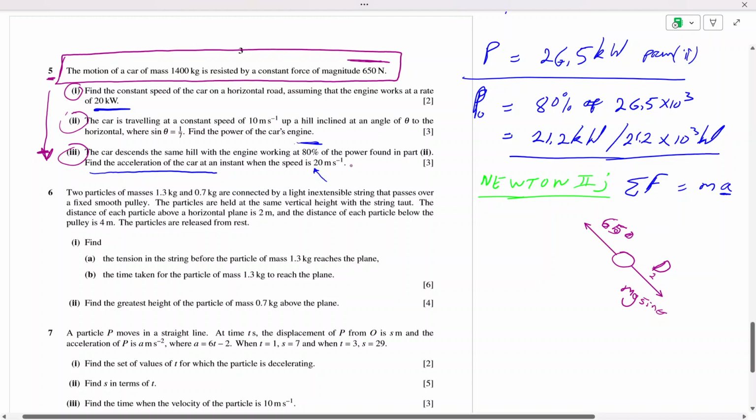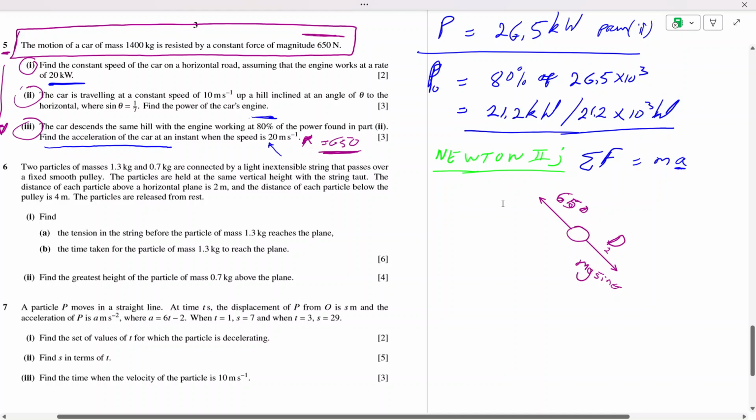If they say the resistive force is equal to 650 just on this part, you only use it for that part. But if it's part of the information of the question, you use that resistive force of magnitude 650 throughout the question. I know this was a common error that some of my students were making.